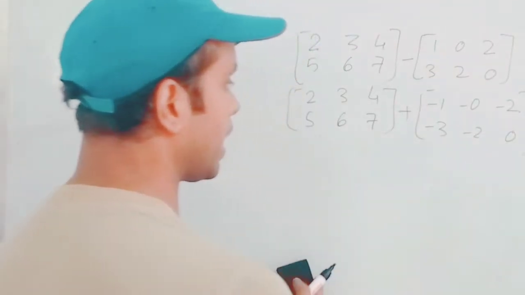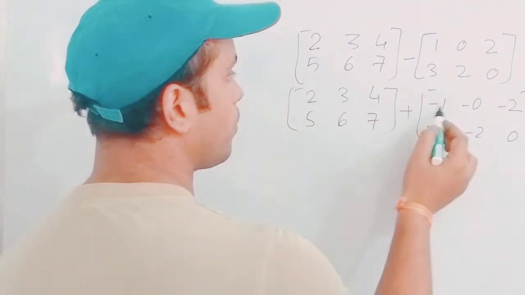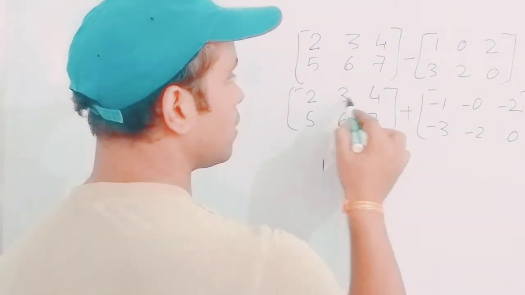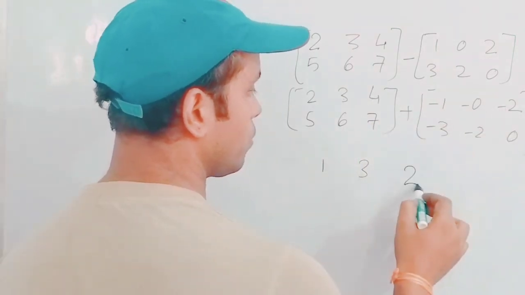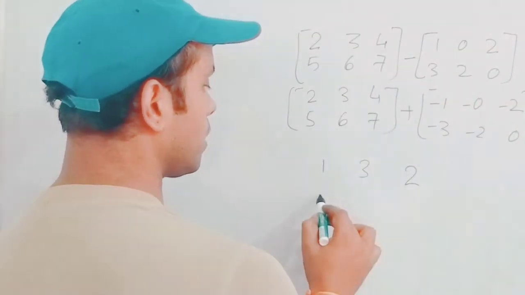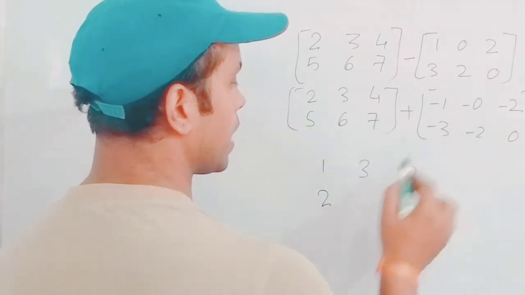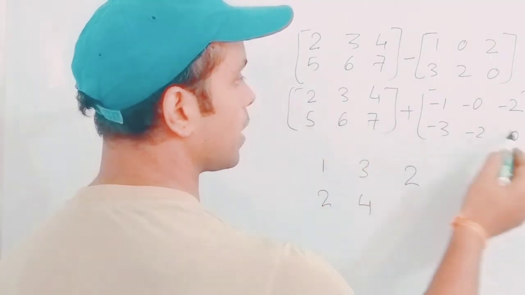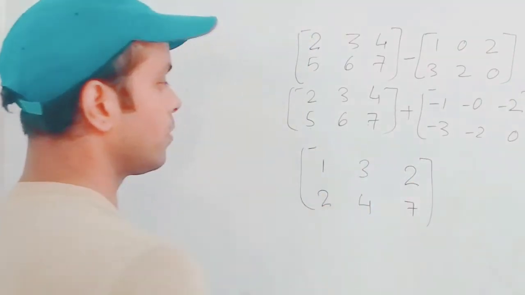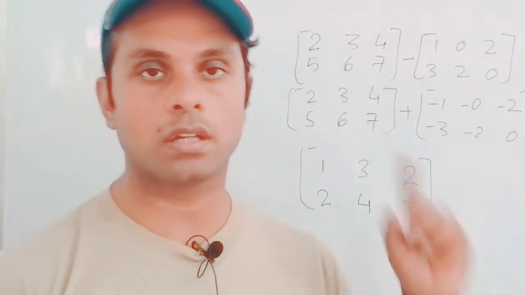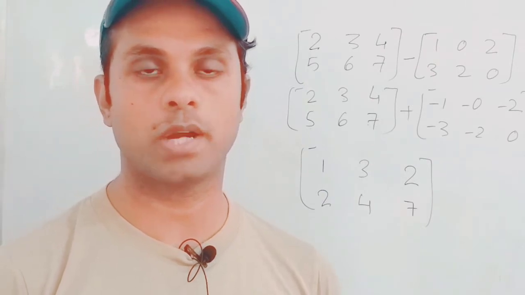You can subtract them directly also. 2 minus 1 is 1, 3 minus 0 is 3, 4 minus 2 is 2, 5 minus 3 is 2, 6 minus 2 is 4 and 7 minus 0 is 7. So this is the result of subtraction of two matrices.